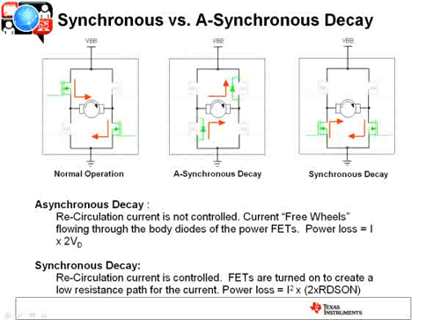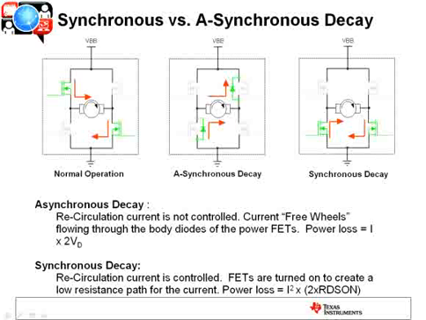So the back EMF is going to generate current that's going to flow through the body diodes, completely uncontrolled. One thing to note there is that your power loss is going to equate to the current flowing through the bridge times 2 diode voltage drops.